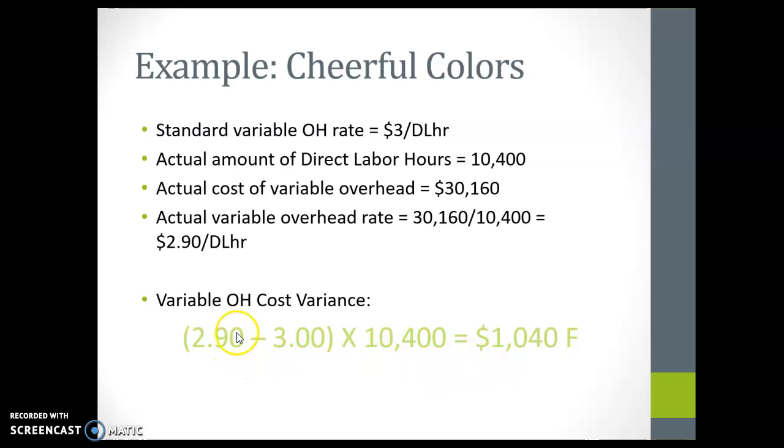That 10 cents times the 10,400 hours gives us 1,040. Because our actual variable overhead rate is less than our standard variable overhead rate, that will be a favorable variance.